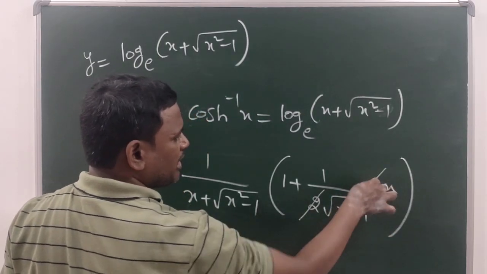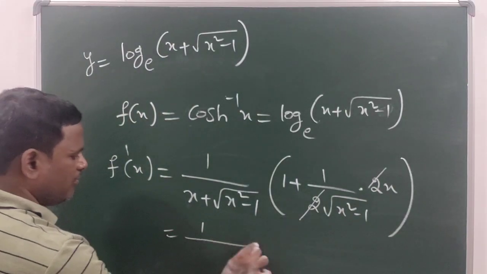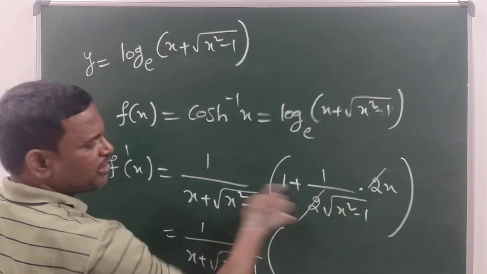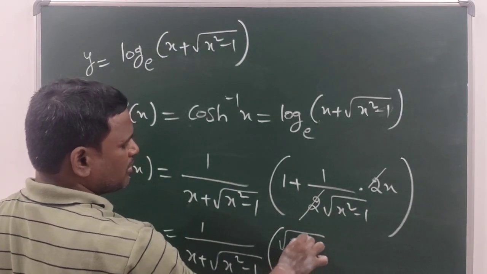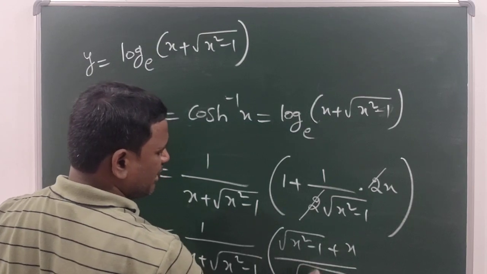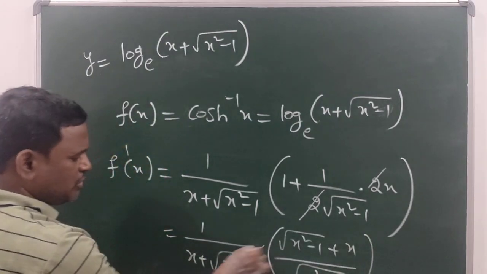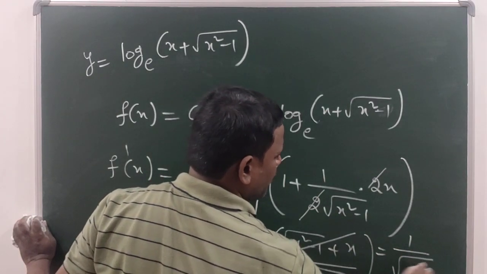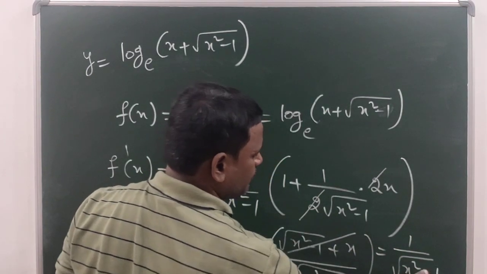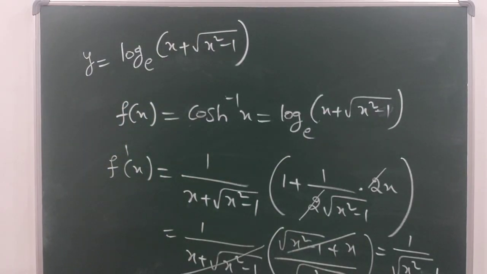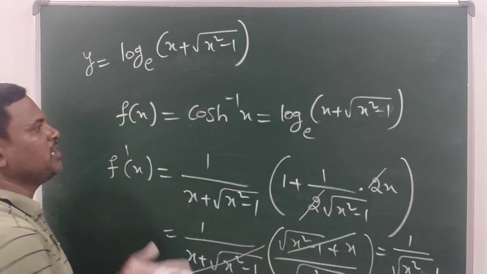Now 2 cancel. Now 1 by x plus root of x square minus 1. Now take cross multiplication: root x square minus 1 plus x by root x square minus 1. Now these will cancel. Now what is left? 1 by root x square minus 1. So this is the derivative of cos h inverse of x: 1 by root x square minus 1.